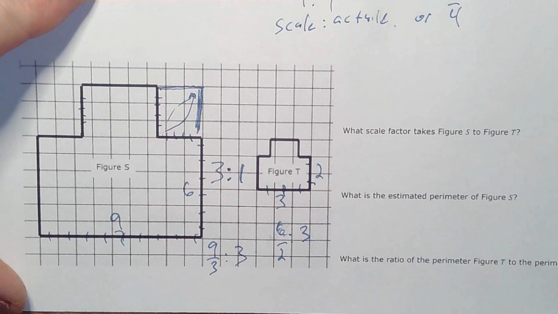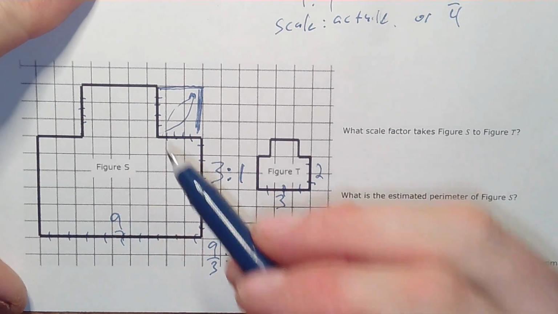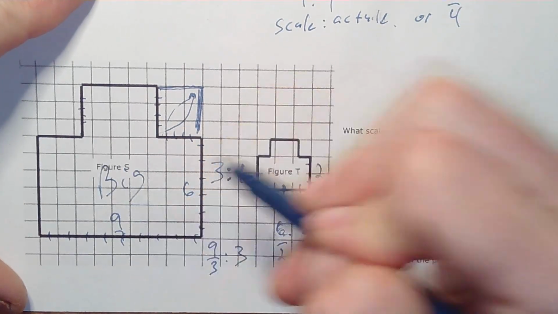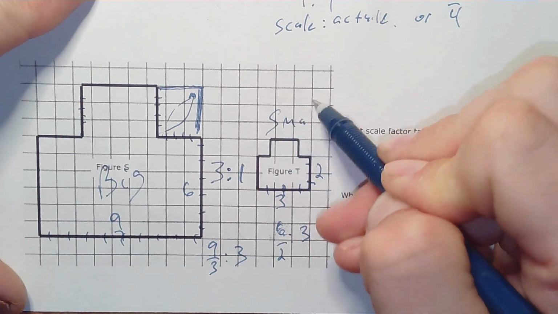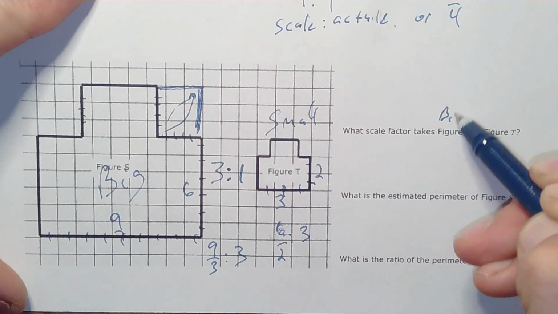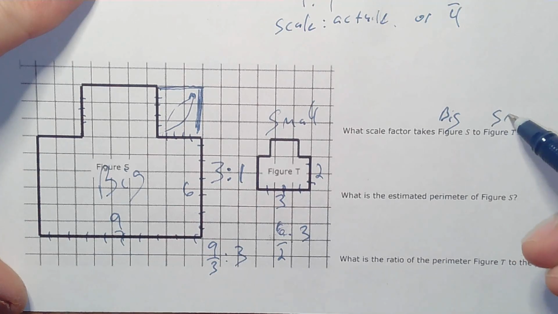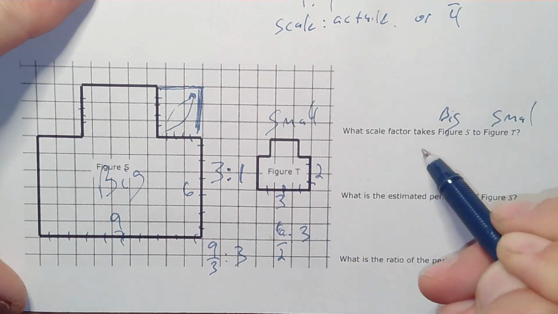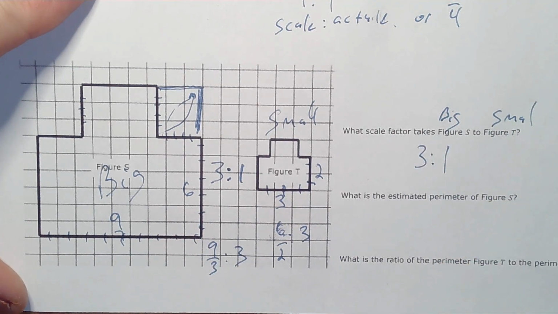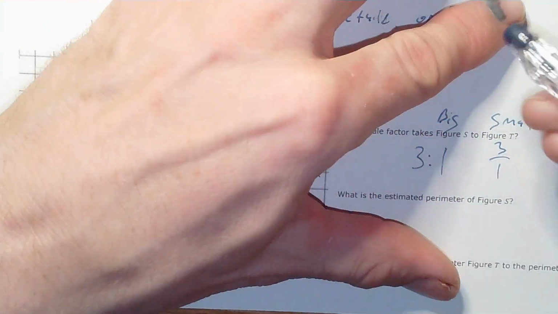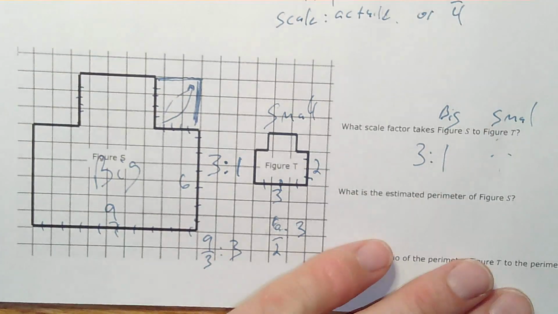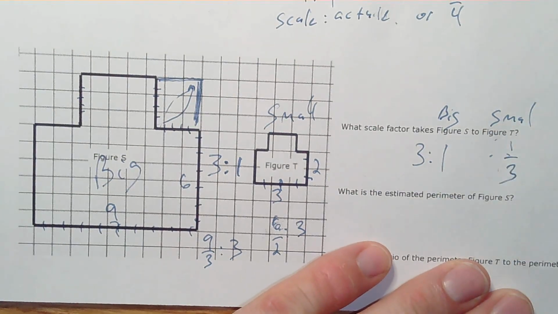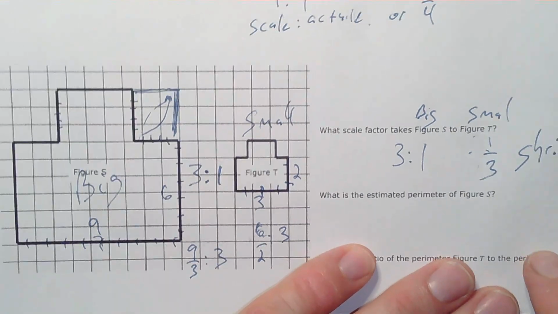Okay, so the scale factor going from my big to my small, S is big to small is a 3 to 1 ratio, right? Or it's going to make it smaller, right? So it's going to be a 1/3 ratio. This is a shrink.